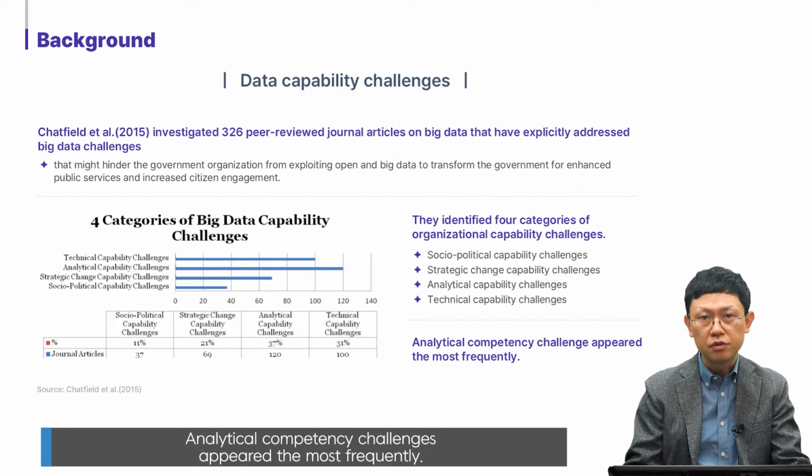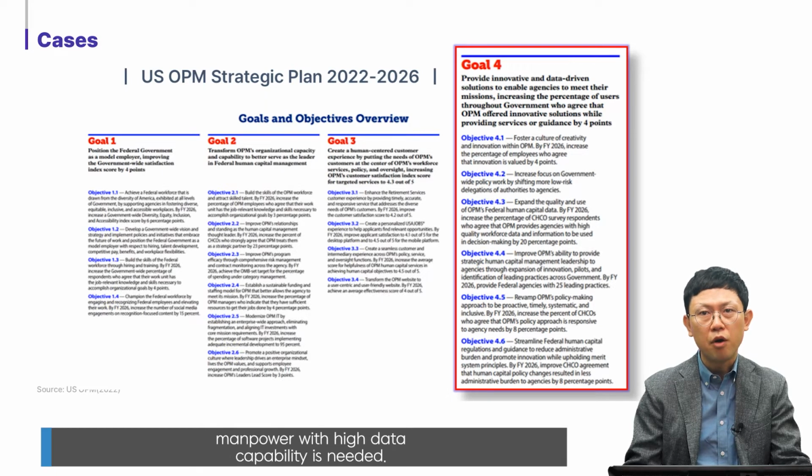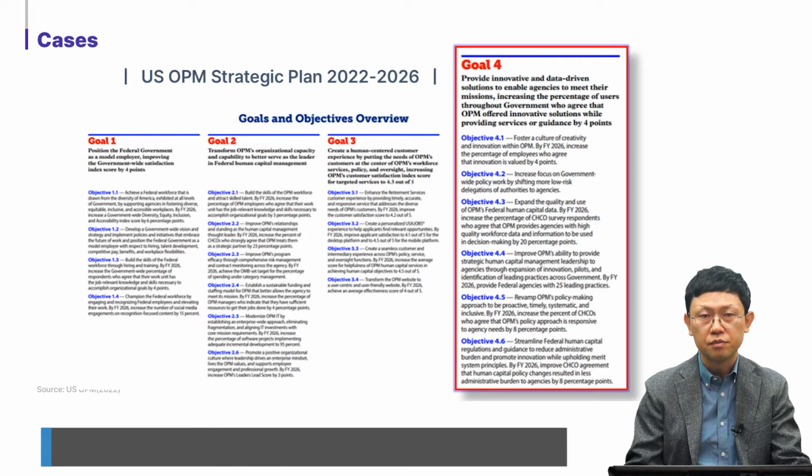Analytical competence challenges appear the most frequently. In order for the government to realize DBG, manpower with high data capability is needed. Many countries are struggling to secure a workforce with high data competencies.